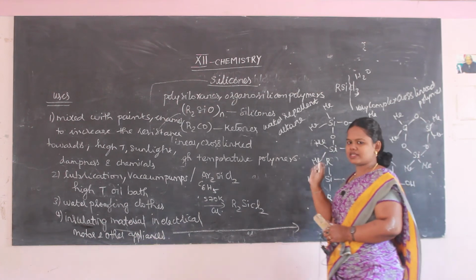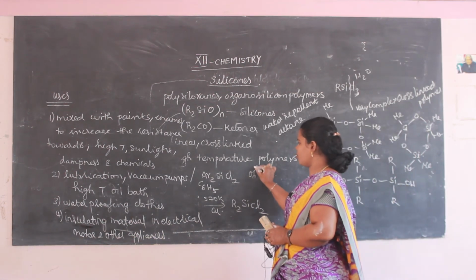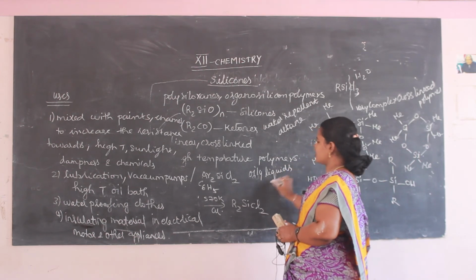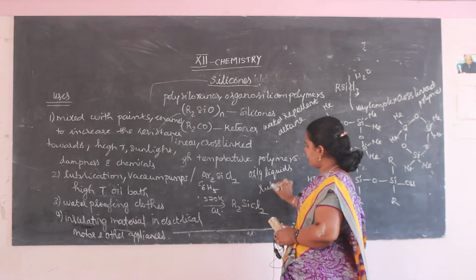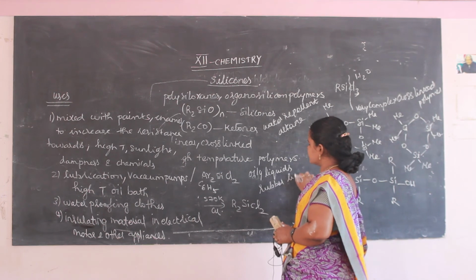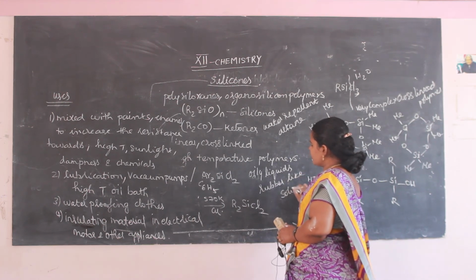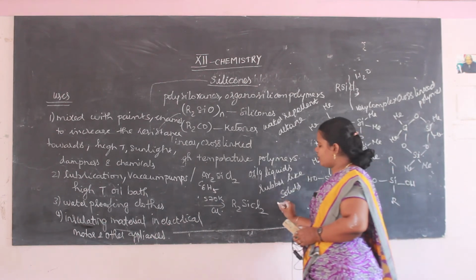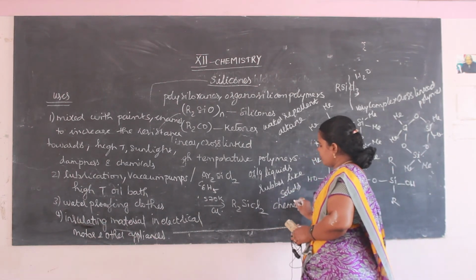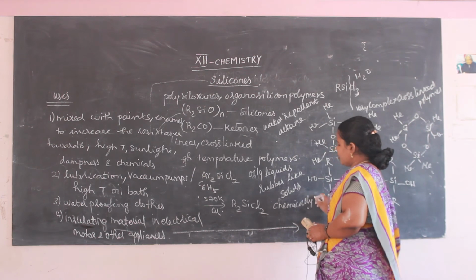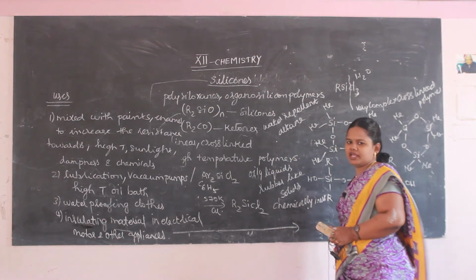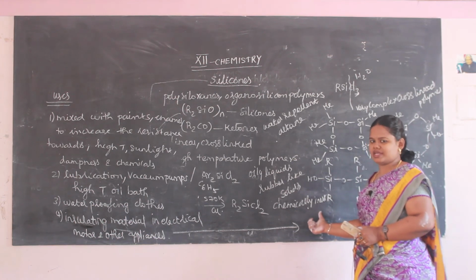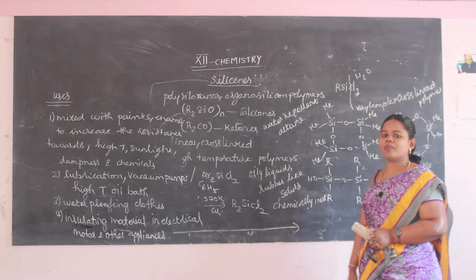Okay, what all are there in silicones? They range from oily liquids to rubber-like solids. They are chemically inert. What does chemically inert mean? They are not reactive. And silicones are used in electrical and thermal insulation.